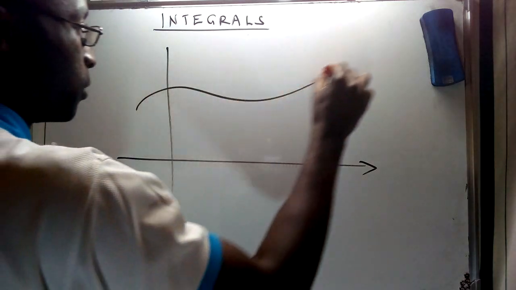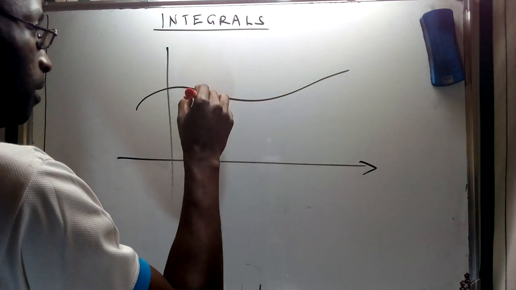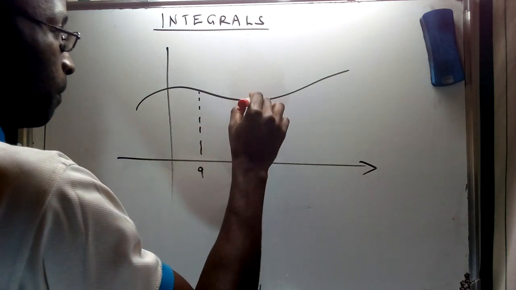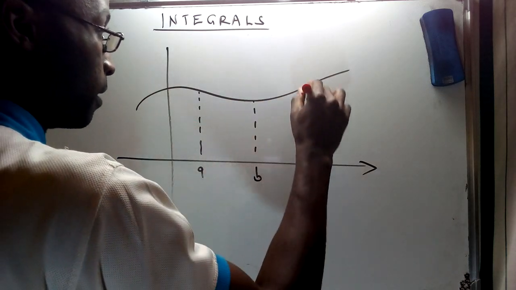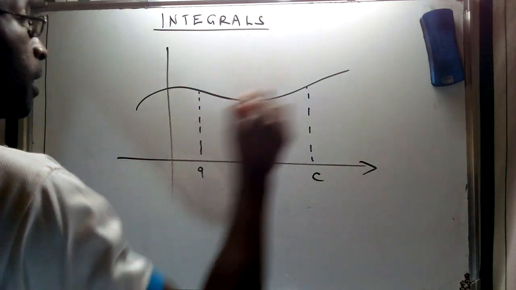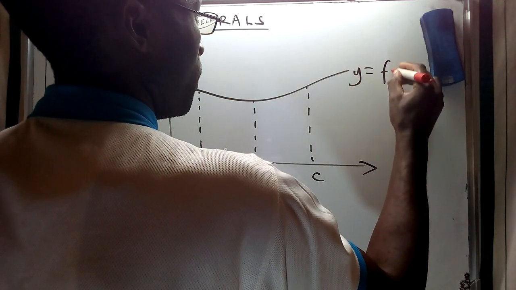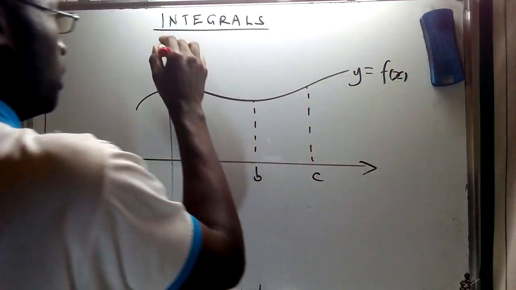Suppose we have a function that is continuous and integrable over these closed intervals a, b, and c. We can give this as a function f(x) over those closed intervals.